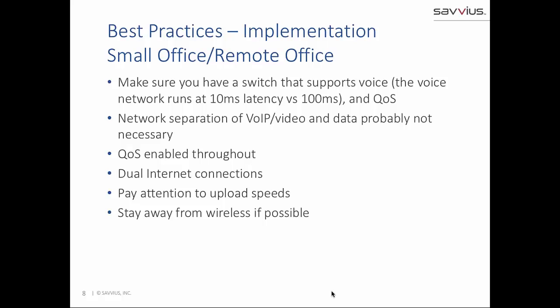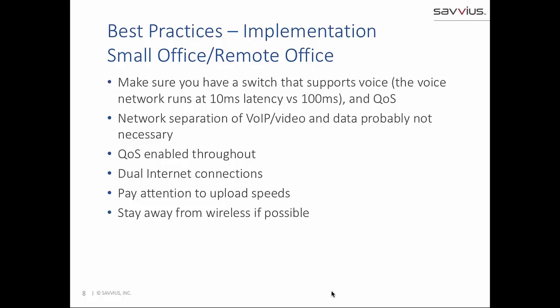Another thing to consider in that small office is having dual internet connections. You may not have subscribed to a T1 or T3 or some large and reliable internet connection at your small offices. You might just be using an internet service provider. If so, it's very much recommended to contract with two service providers and use them in parallel.